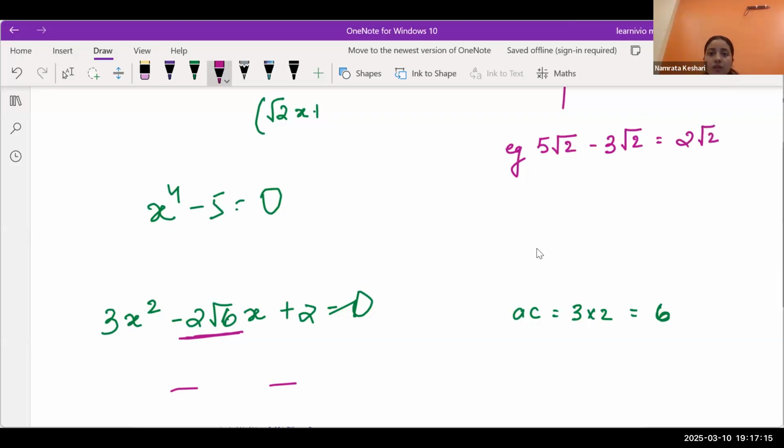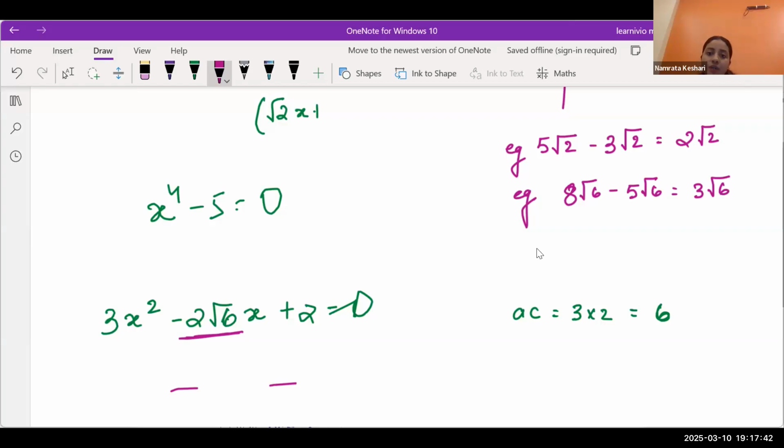Yes, ma'am. Or if we have 8 root 6 minus 5 root 6, then the answer will be 3 root 6, right? Yes, ma'am. So, are you understanding that here we need two numbers where root 6 must be present, then only the answer will reflect root 6 along with it, right?